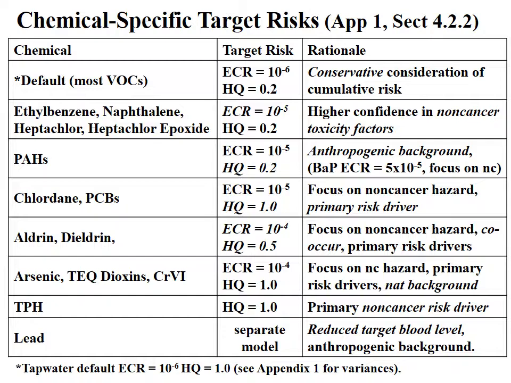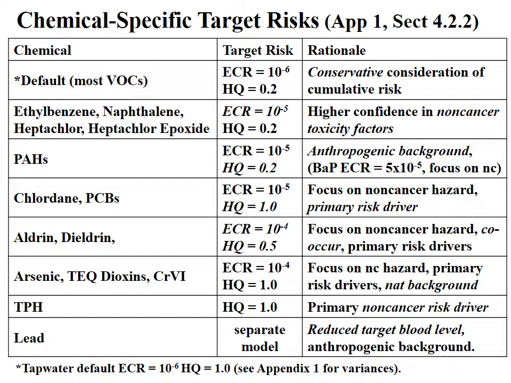We use this as a default for most of the volatile chemicals for the same reason. The vapor toxicity studies tend to have a high level of confidence, and we're also much more concerned about exposure via inhalation. That's a very obvious exposure route, whereas exposure to soil is probably overblown in a lot of cases. People aren't as exposed to as much soil as we predict they are.